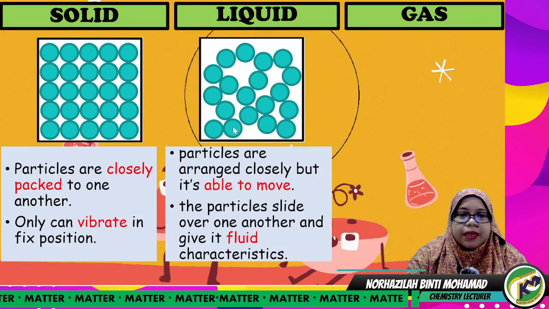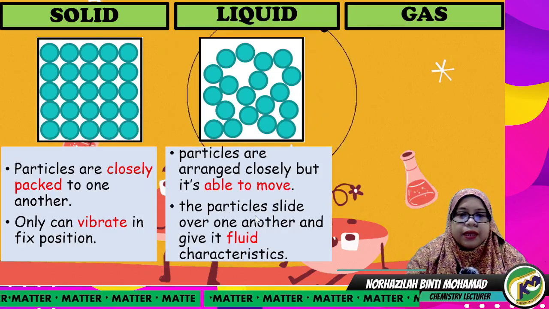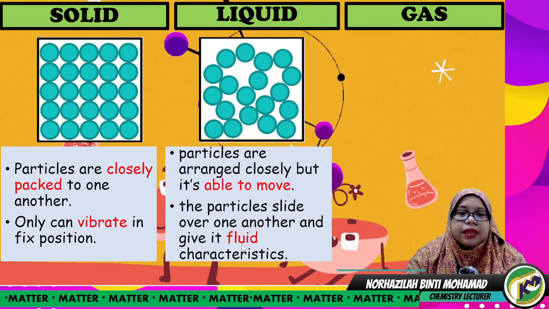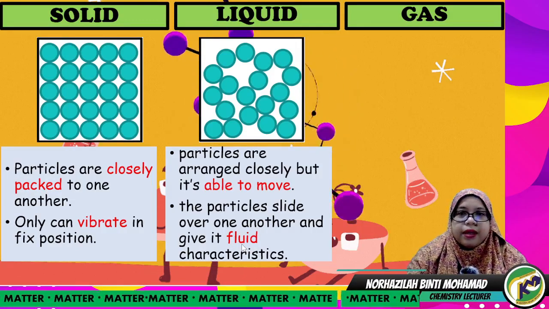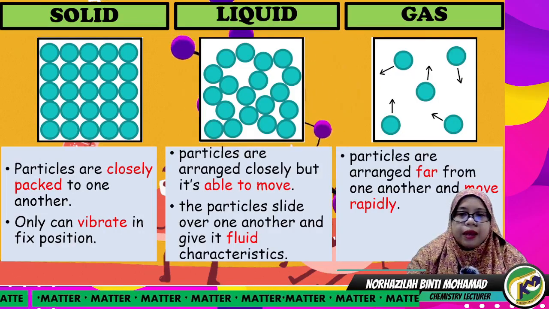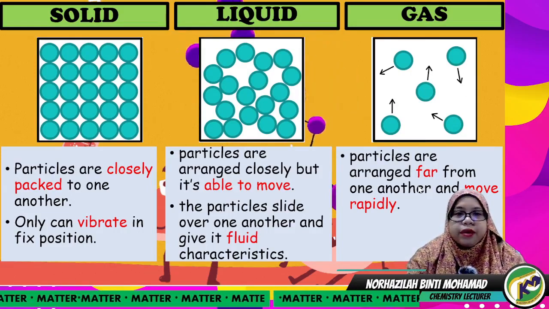The particles slide over one another and give it the fluid characteristic. So what happens to gas? When we see the gas here, the particles are arranged far apart from one another and move rapidly.